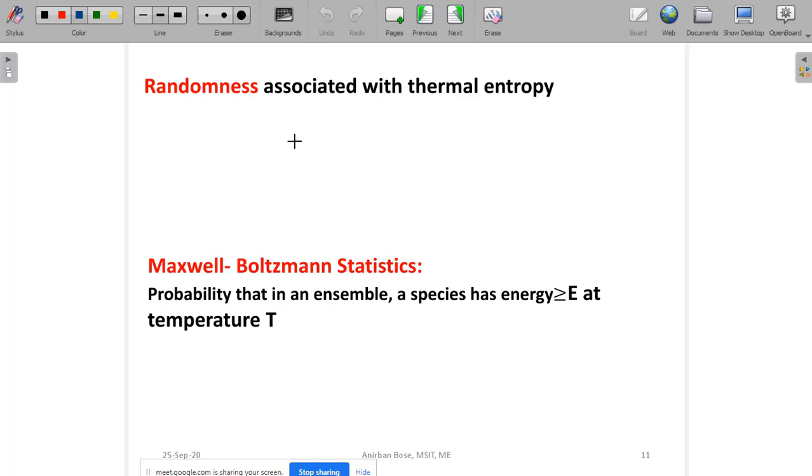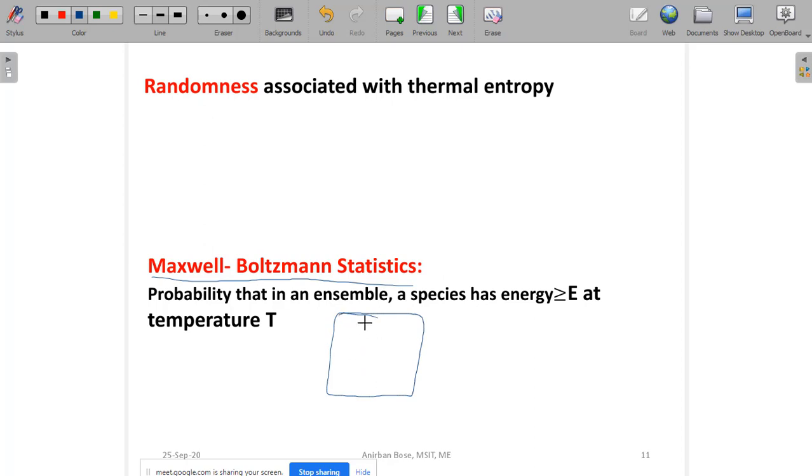Now if you see the Maxwell-Boltzmann statistics, this is again a very important statistics, and we are going to use it. The probability that in an ensemble a species has energy greater than or equal to E at a temperature T. That means let us consider there is an ensemble of atoms present.